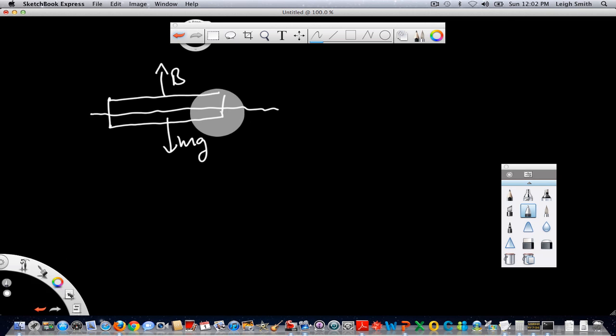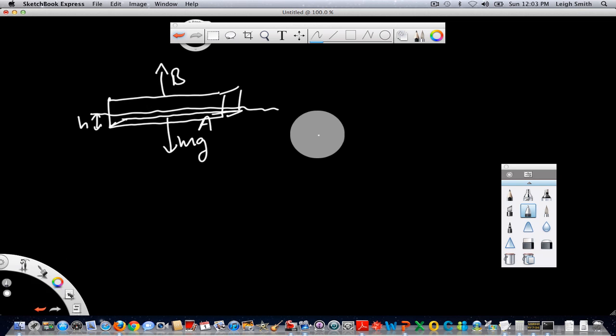Then if this has some cross-sectional area, let's assume it's a rectangular boat, then the depth, let's call it h, that the boat sinks down into is what's displacing the amount of water.